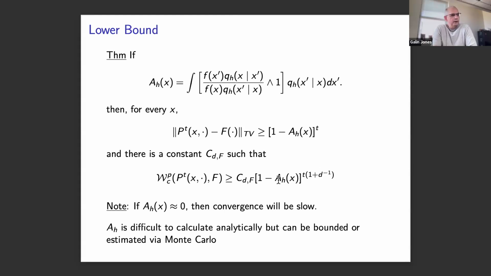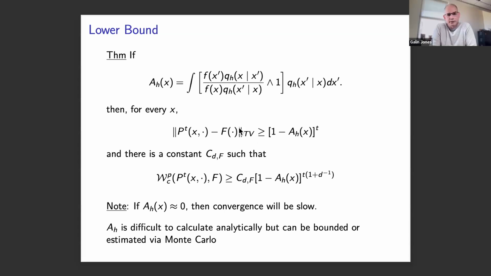And so you can see that the qualitative result is the same: if a sub h is close to 0, so you're not accepting very often, then convergence is going to be slow. So a lot of what I'll talk about going forward is when is a sub h close to 0? Can we identify conditions on that and how to avoid it in a variety of settings?